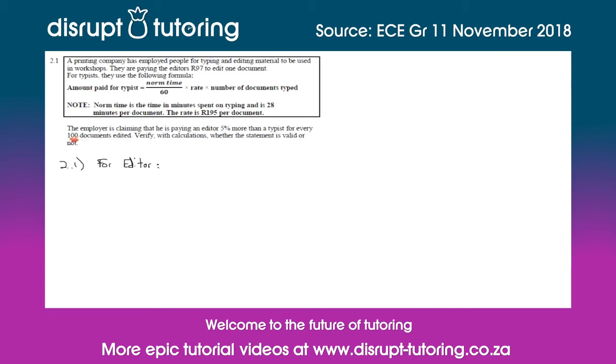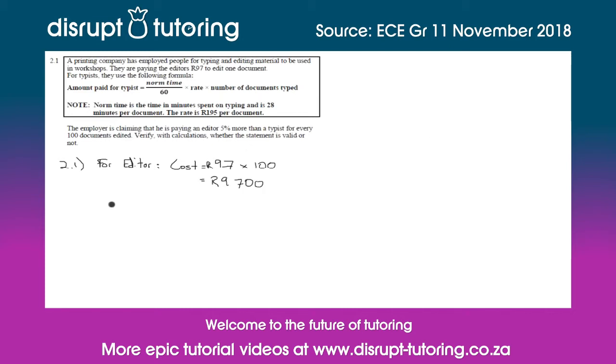So their cost equals 97 Rand multiplied by 100 documents, which comes to, in your calculators, 9,700.